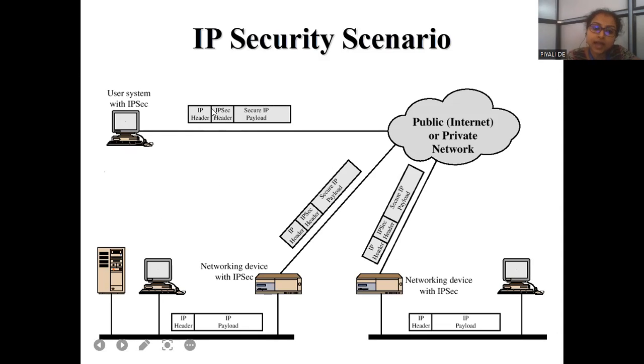Then this is the IP header, and in between, the IPsec header is included. Okay, and this entire packet, inclusive of the IPsec header, travels through the public network, internet, or many private networks.